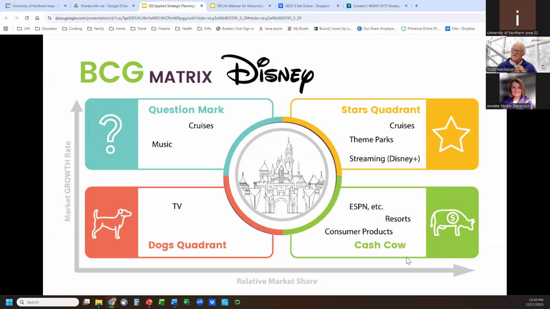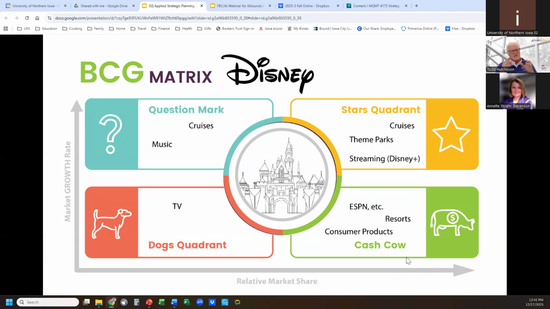Our resorts, consumer products. I guess we put the theme parks into their stars, their cruises, their streaming would be part of their stars quadrant. Dogs quadrant. TV hasn't really worked out very well for them. Their streaming has worked out pretty well. Disney channels, maybe not so much. Question marks.